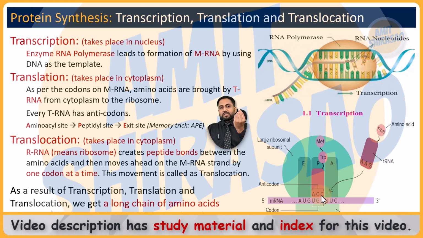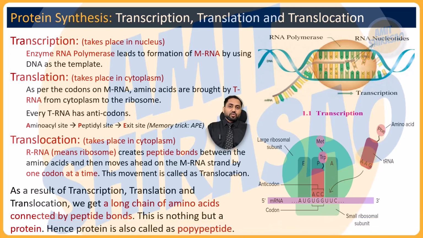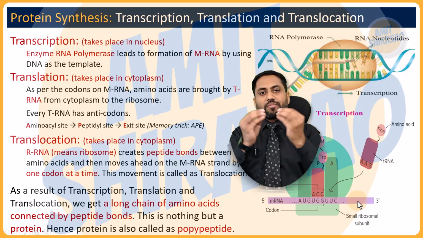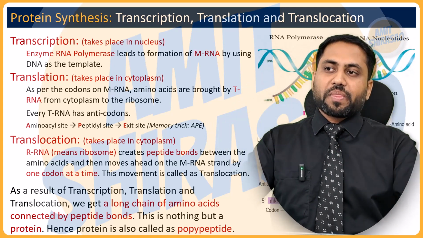So only that tRNA will come which has this anticodon, and that tRNA will obviously have a certain amino acid attached to it, right? So this is how the protein synthesis is done. Everything is happening as per the mRNA only. As per the code given on the mRNA, these amino acids are connected one after the other, and this is how protein synthesis happens.